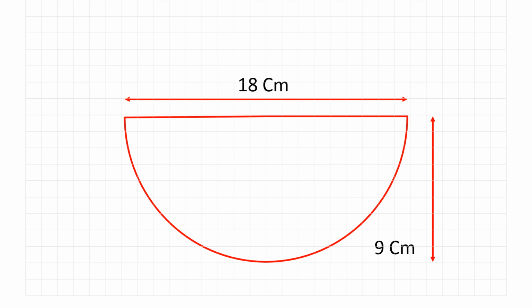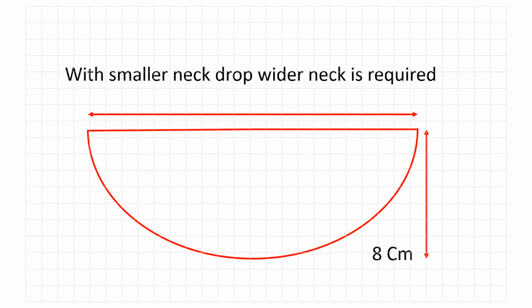For example, if the neck width for a particular pullover size is 18 centimeters, the front neck drop normally is 9 centimeters. But for the same size pullover, the neck drop of the turtleneck or the high neck is not more than 8 centimeters. And because we have a smaller neck drop, we need bigger neck width.